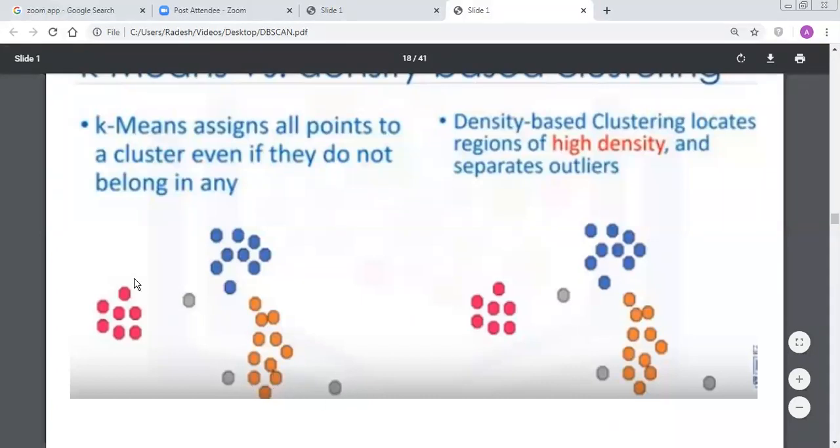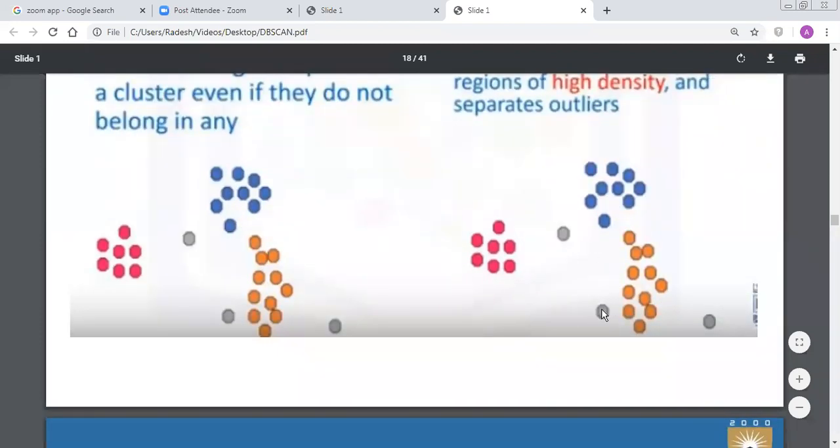These points do not belong to any cluster given here. But by using the k-means method, these gray points are going to be pushed into any of these given 3 clusters.